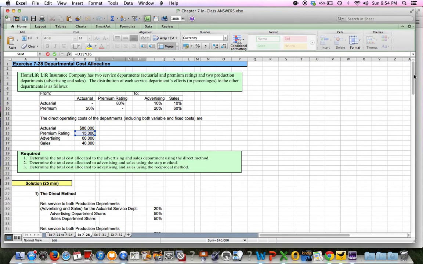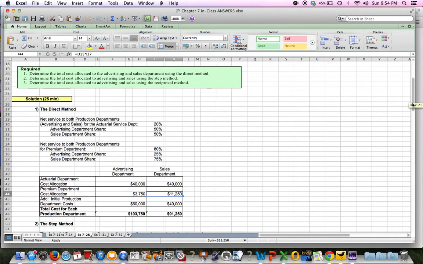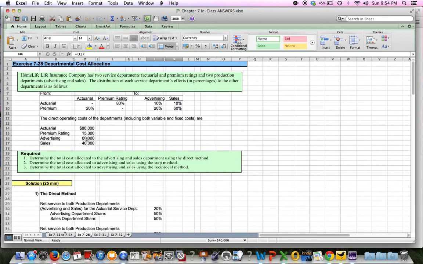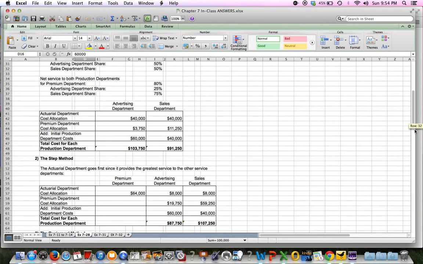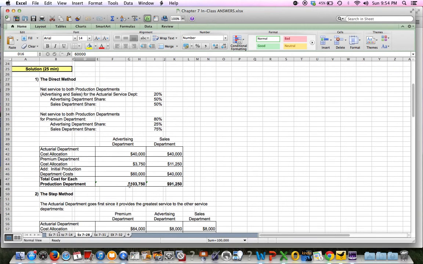You can see it's 15,000 times 25%, and it's 15,000 times 75%. And then for initial production department costs, it's just what they gave us, the D16 and D17, the 60 and the 40, that were simply given to us right here. Okay, so that's how we split those numbers here using the direct method.